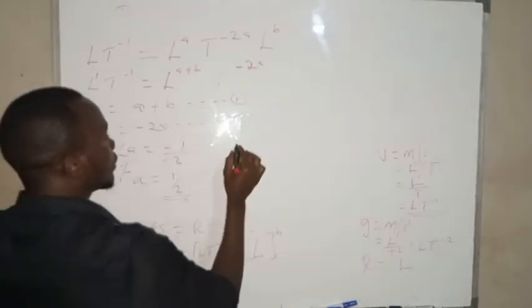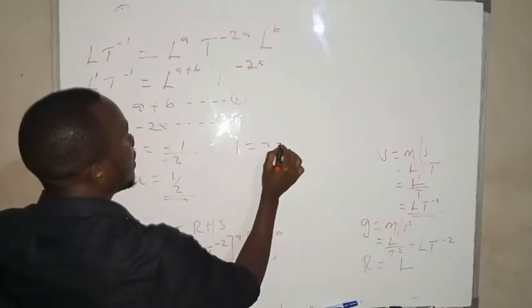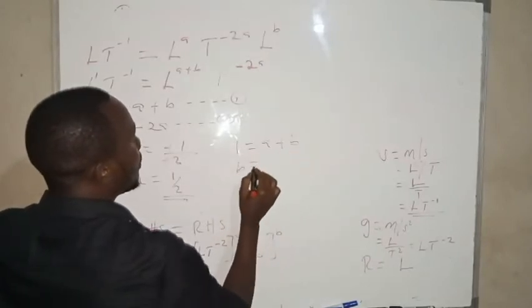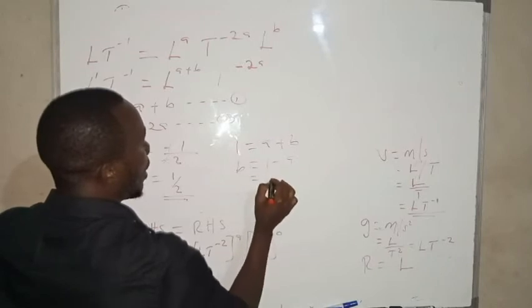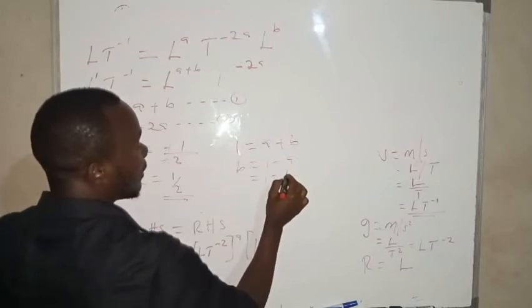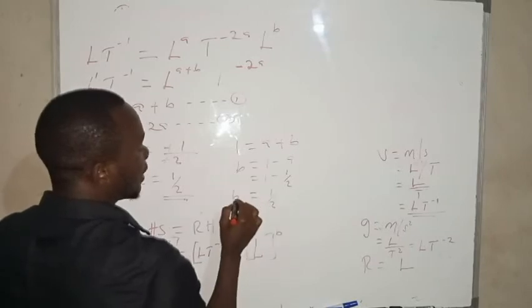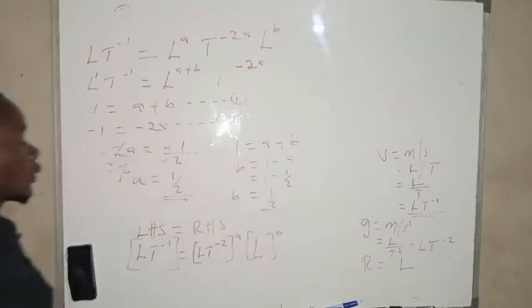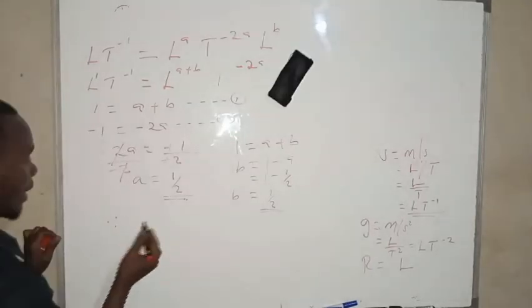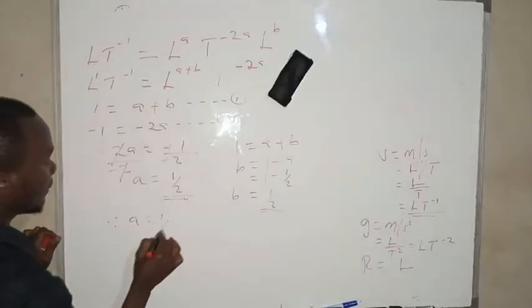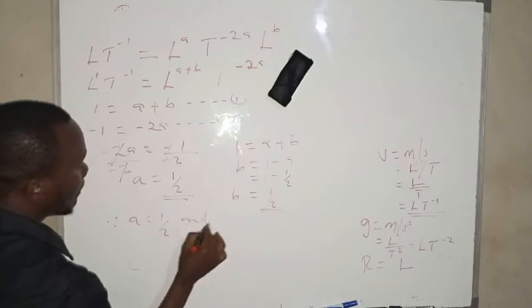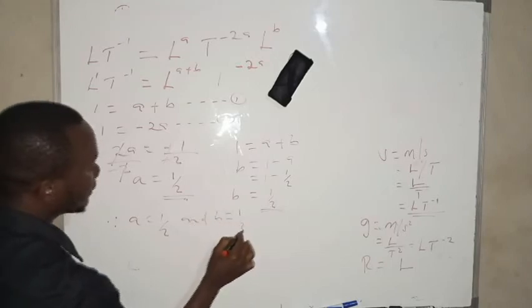Into equation 1, we have 1 equal to A plus B, so B is 1 minus A, which is 1 minus half, giving half. Therefore A is half and B is also half.